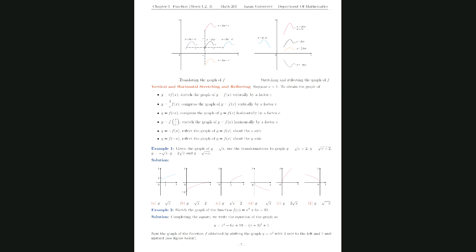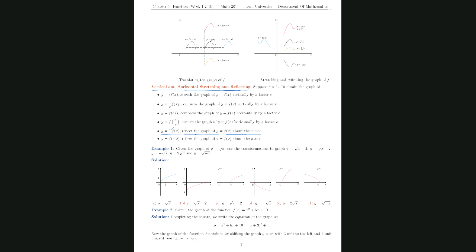Now look at this one. Vertical and horizontal stretching and reflection. Last lecture I told this. Y equal to minus f(x), minus square root of x, okay, then it reflects about the x-axis. Reflect the graph about the x-axis.